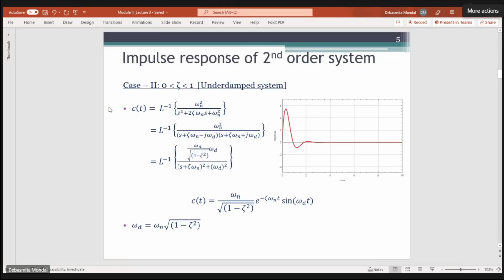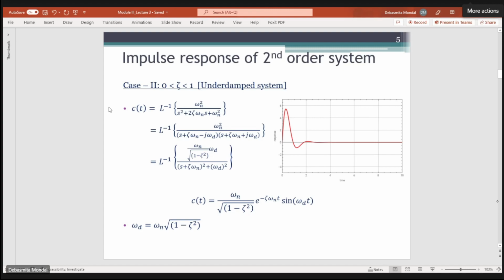Now if we consider some amount of damping, let's say we consider an underdamped system where the value of zeta is less than 1. In case the value of zeta is less than 1, you can factorize the denominator into 2 terms: s plus zeta omega n minus j omega d multiplied by s plus zeta omega n plus j omega d.